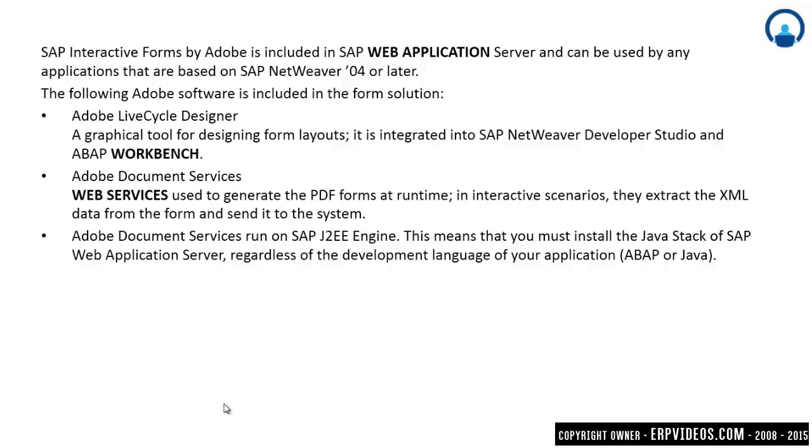Now here we have some of the forms solutions based on the Adobe software. The following Adobe software is included in the form solution: we have Adobe LiveCycle Designer, and we have Adobe Document Services, which runs on the J2EE engine, that is the Java engine.